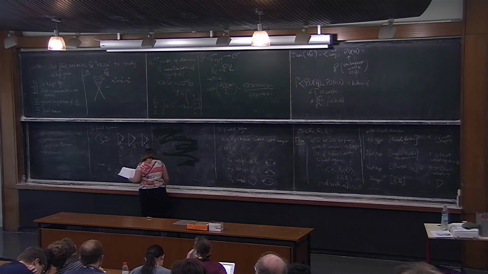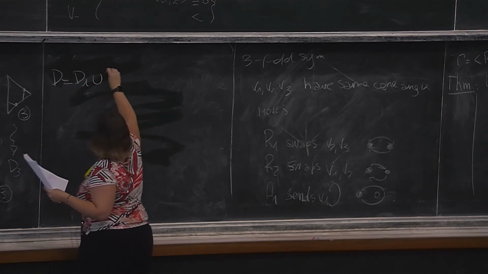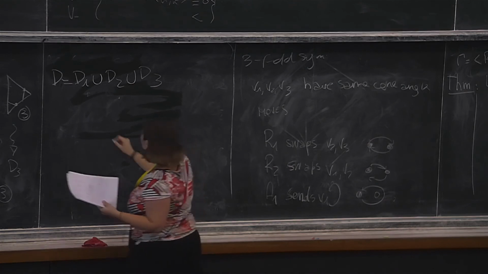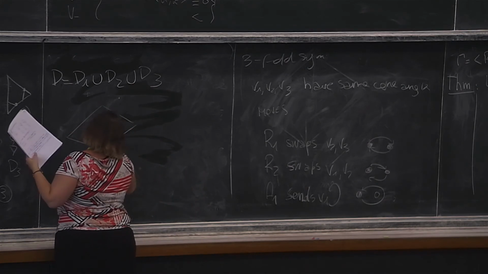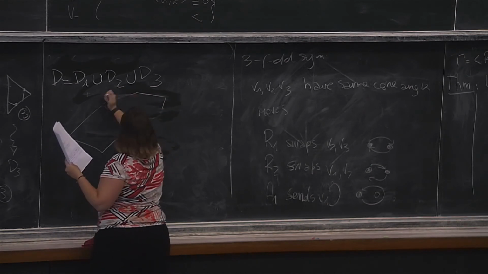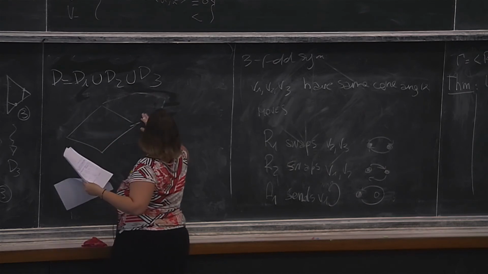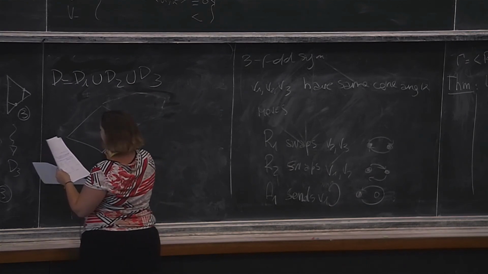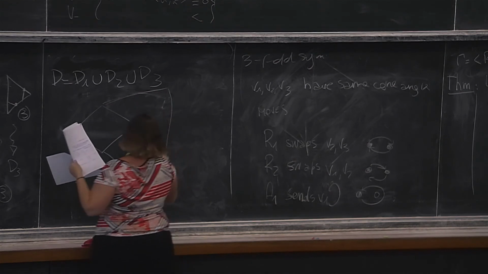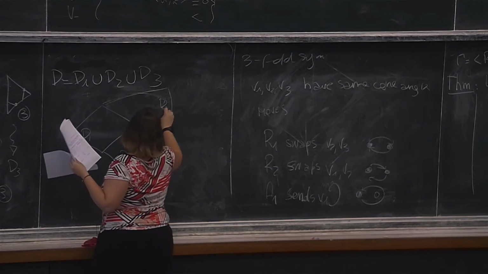Now if we consider the union of these polyhedra? Well, I can't really quite draw in 4 dimensions, but they will look something like this. So here we will have our D1, here we'll have our D2, and here we'll have our D3.